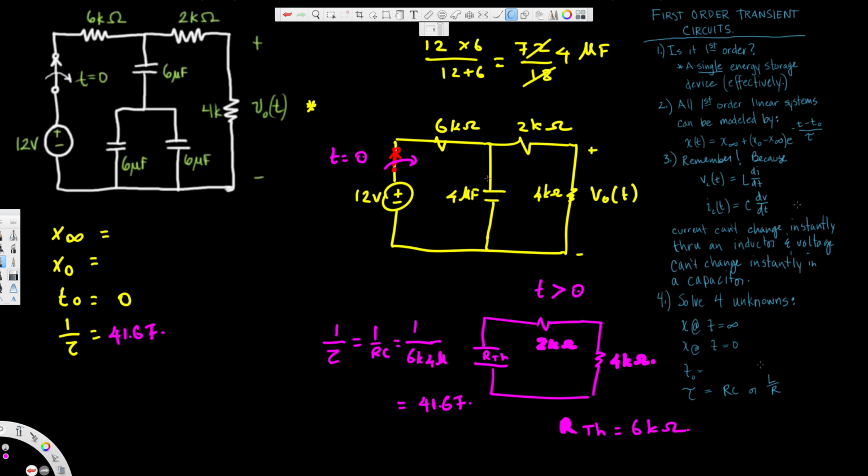It's going to lose all the energy. So at the end, we are going to have everything zero, like voltage is also going to be zero. So we can say that x infinity is equal to 0.